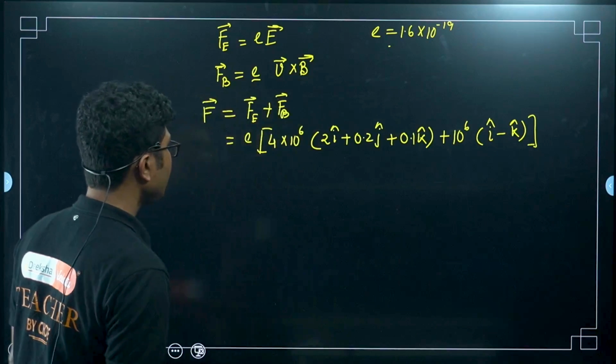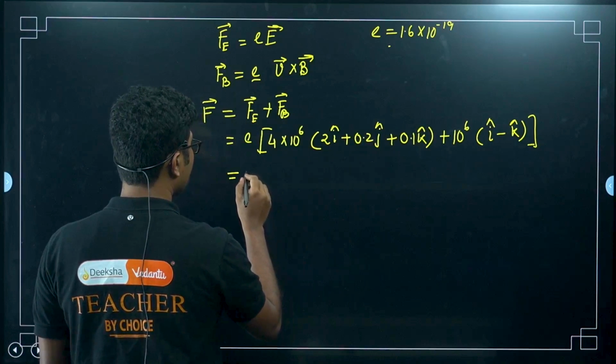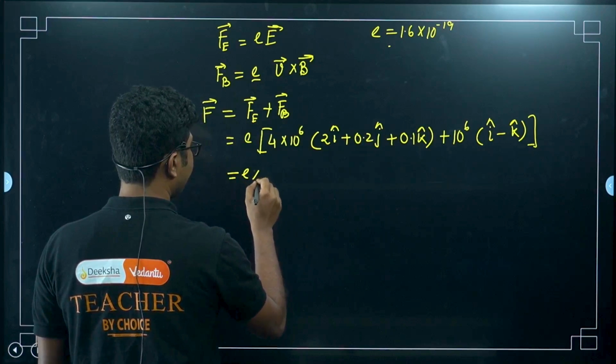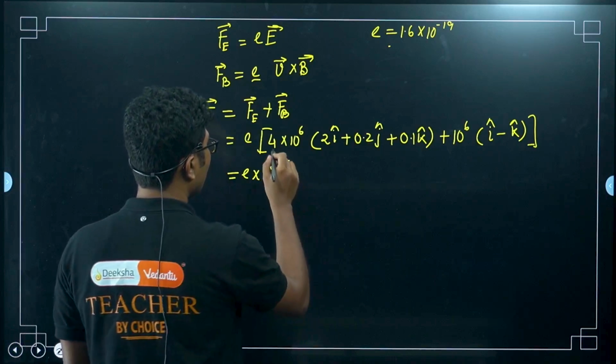Okay. Now, simplify. So, to simplify, let us take the 10 to the power 6 common. So, E times 10 to the power of 6, we will calculate the value of E at the last. Now, 4 is here.